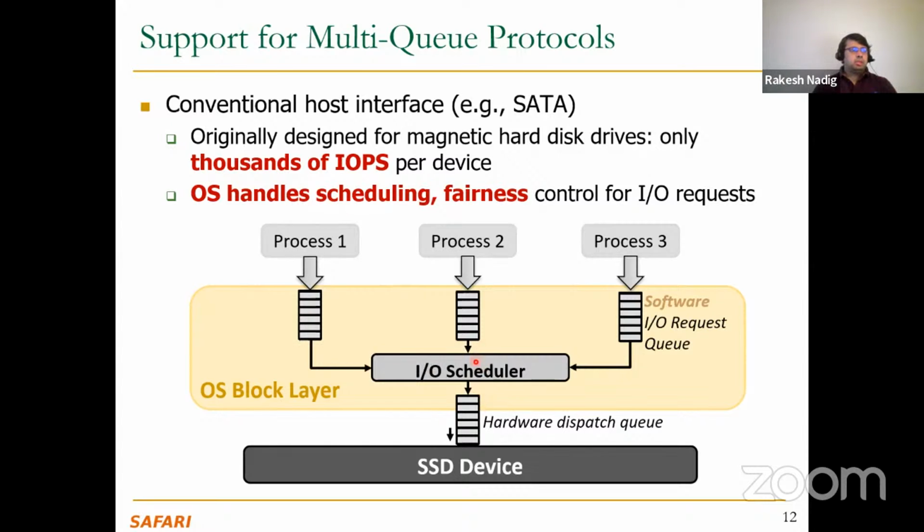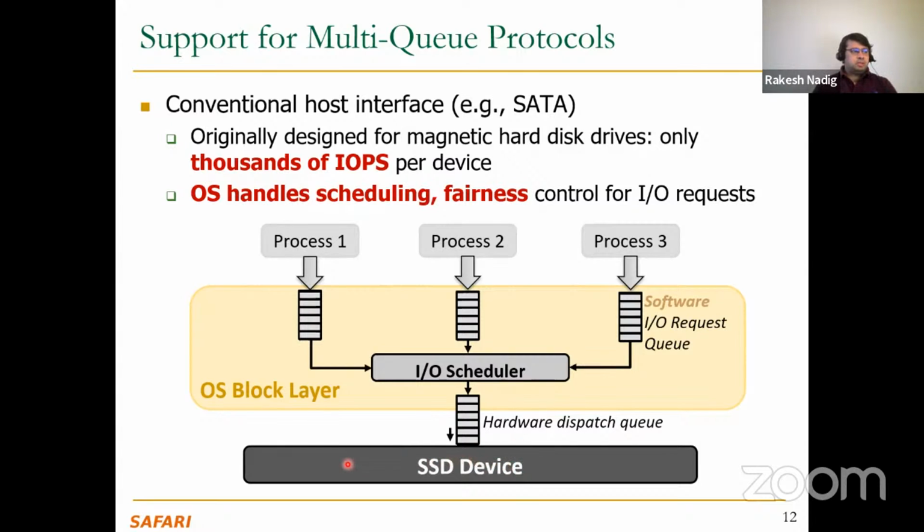And we only have one request queue, which is facing the device, or through which the requests are sent from the host to the device. And this is why it happens in a serial manner. So the requests are sent in a serial manner, and the device will process the request.